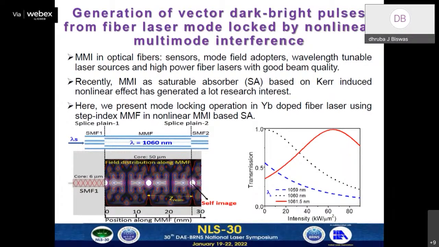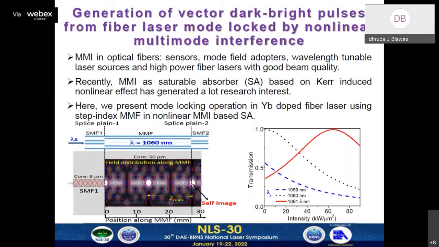This occurs repeatedly along the multimode fiber. The distance between these self images is known as the self-imaging interval. If we splice another single mode fiber exactly at the location of this self image, nearly the whole of the light is transmitted to the single mode fiber. This is the case with a monochromatic light source.